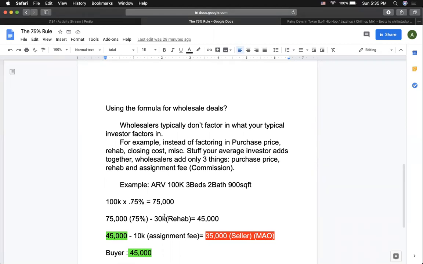For example, instead of adding together the purchase price, rehab costs, closing costs, and miscellaneous stuff like your average investor, wholesalers add only 3 things: purchase price, rehab, and assignment fee, to determine where they need to be at with their sellers and where they need to be at with their buyers to make their assignment fee.